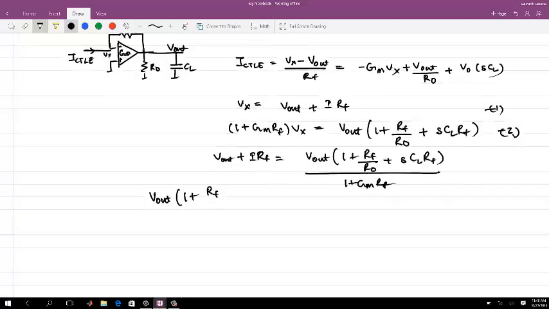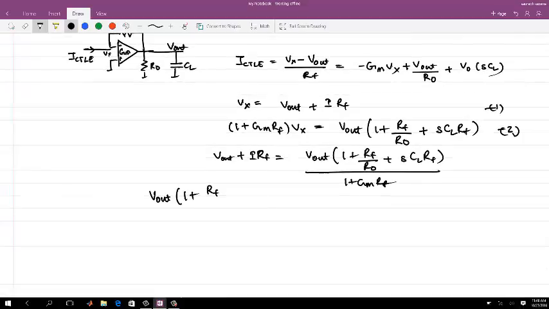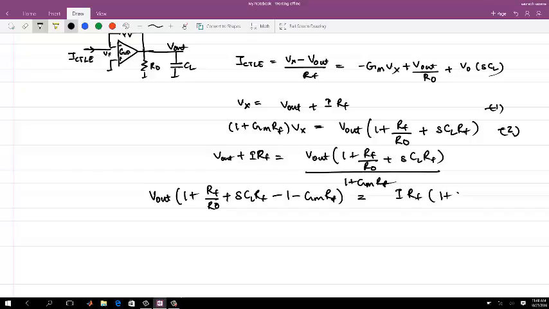Is there anything wrong in the equation? Vx is equal to RF times 1 plus GMRF. Okay, so you have 1 plus RF by RO plus CLRF minus 1 minus GMRF is equal to IRF times 1 plus GMRF.